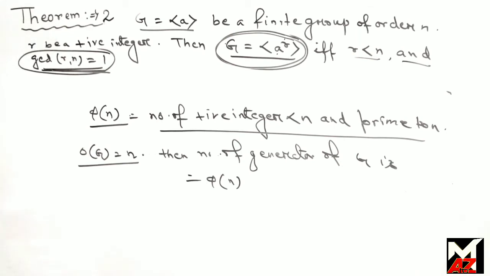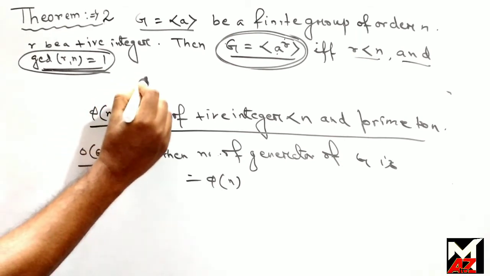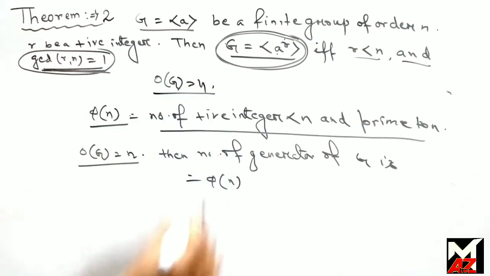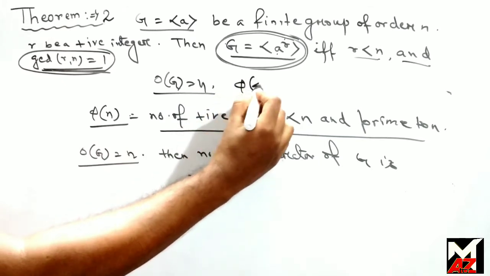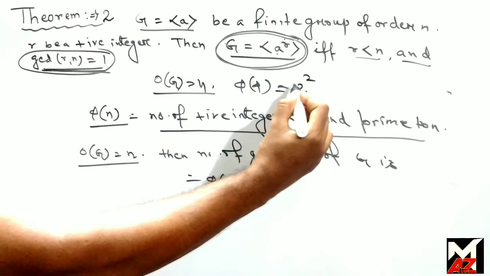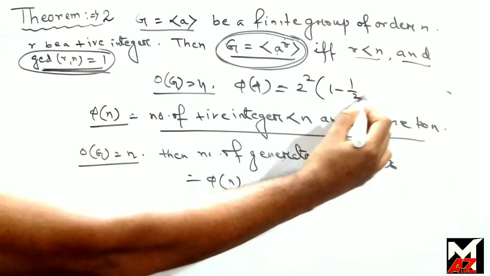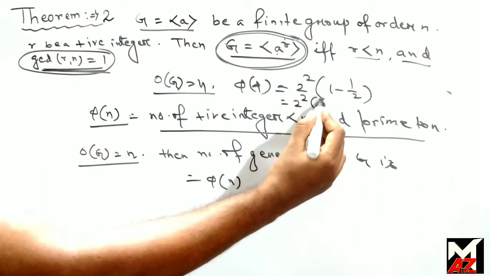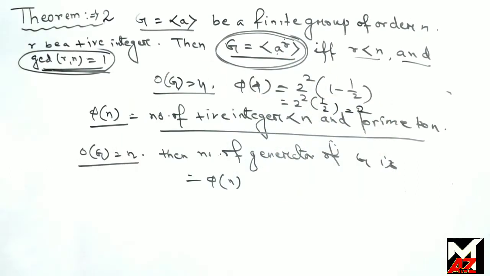If a cyclic group of order 4 is given, then the number of generators is phi of 4, that is 2 to the power 2 into 1 minus half, that is 2 to the power 2 into half, that is 2. And similarly, for all the other cyclic groups, we can easily find the number of generators.